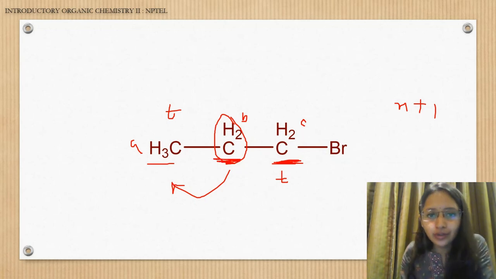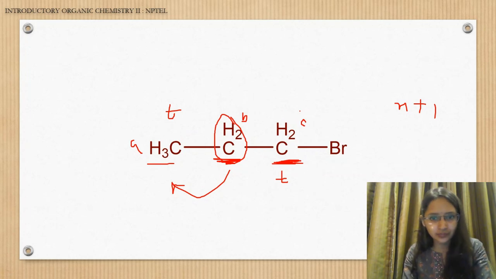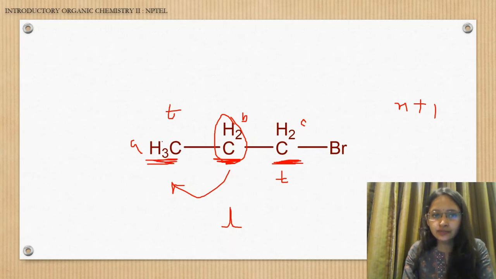For the HB protons, both the HA protons and the HC protons are present in the vicinity of these HB protons. So the HB protons, instead of getting a single signal in the NMR, because of the CH3 protons, that is the HA protons, are further split into a quartet, because the number of hydrogens is 3 and by the rule 3 plus 1 is 4, which is a quartet.